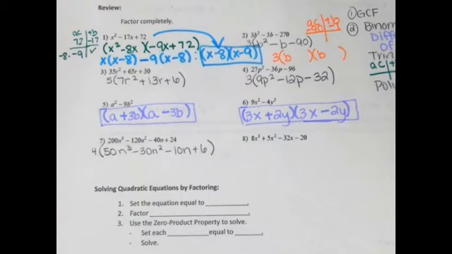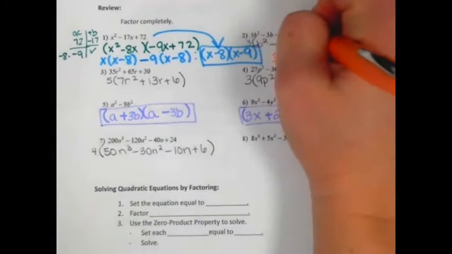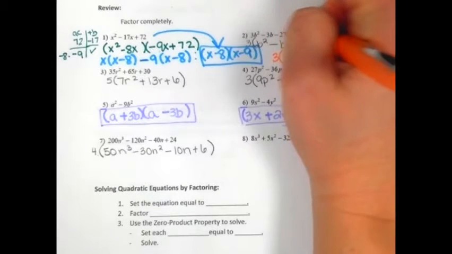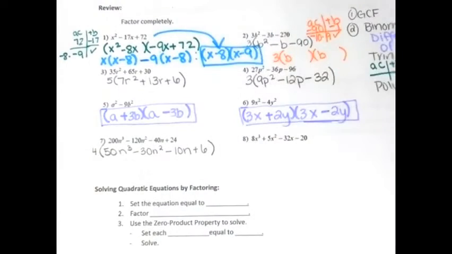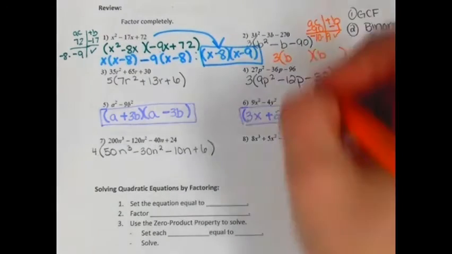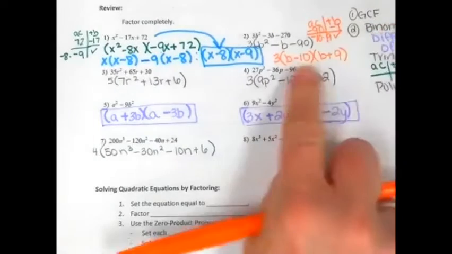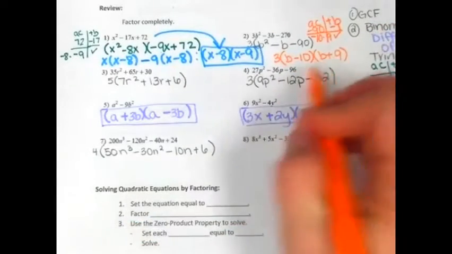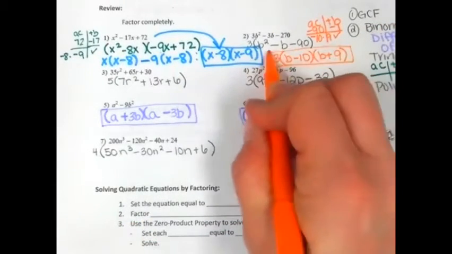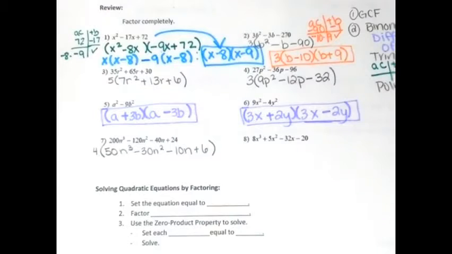Which one's negative? Negative 10 and positive 9. Why is it negative 10? Because it needs to add to be a negative 1. So minus 10 plus 9, and it doesn't matter the order you do that in. And there you go. Just make sure you keep that GCF in the front.